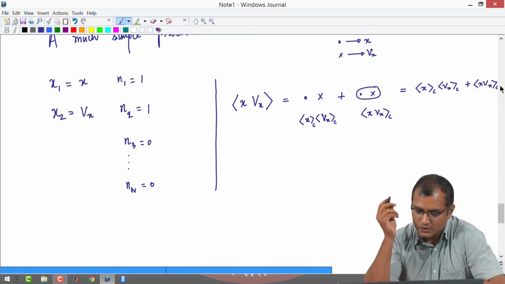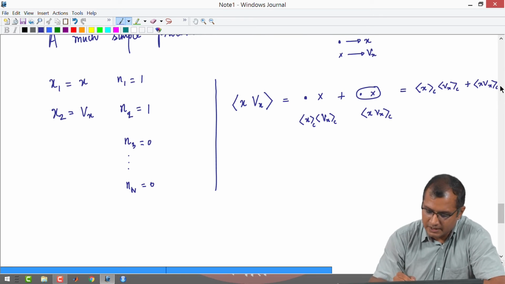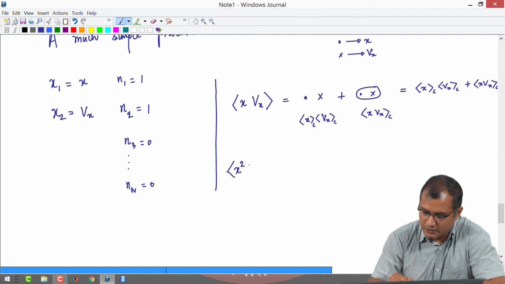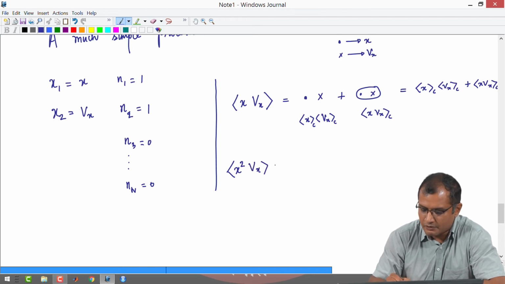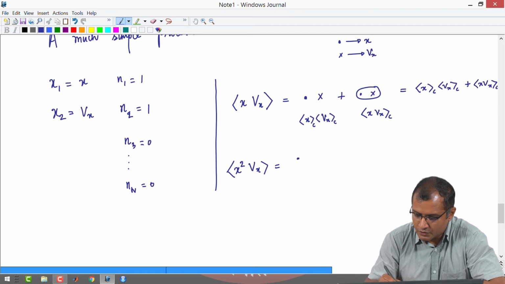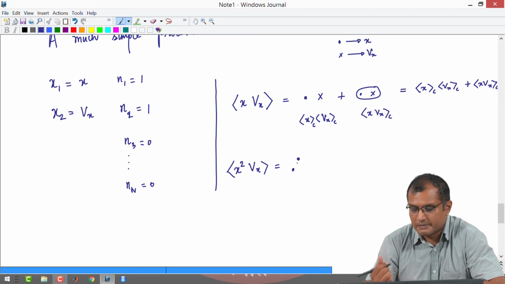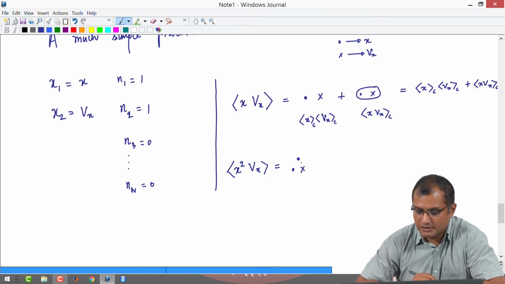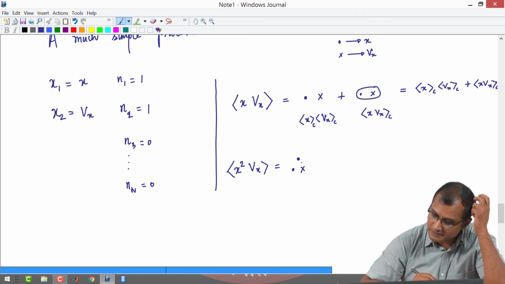So you would be basically interested in finding out, let us say, x square into Vx. Now how do you do it? Well, there are two x's, so I will put two dots because the dot represents x, and there is one Vx which I will indicate as a cross, 3 points.